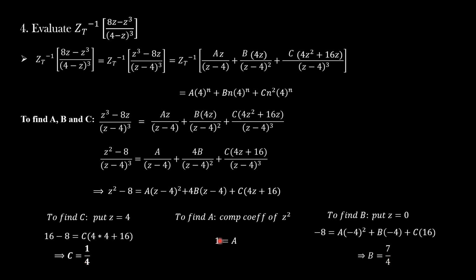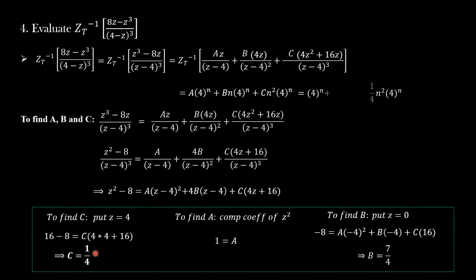Now substitute a, b and c values so that you will get inverse z transform of (8z - z³)/(4 - z)³ equal to 4^n + (7/4)·4^n·n + (1/4)·4^n·n².